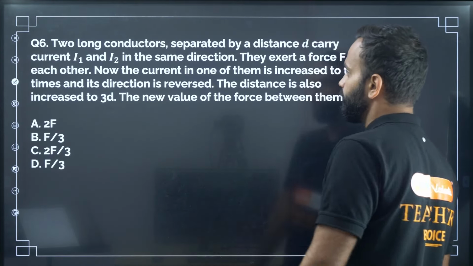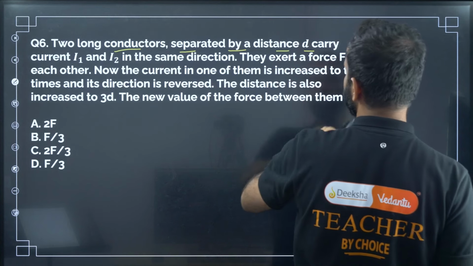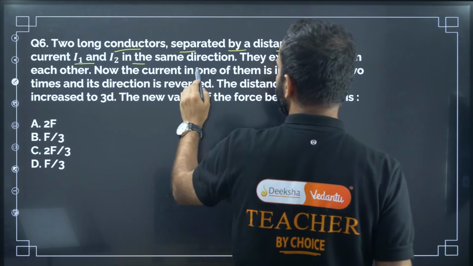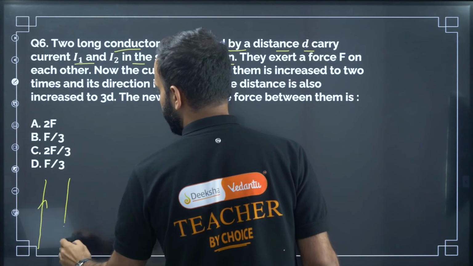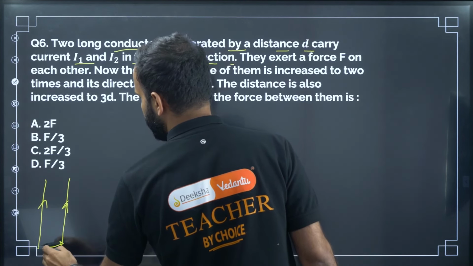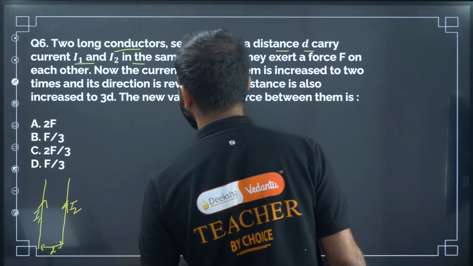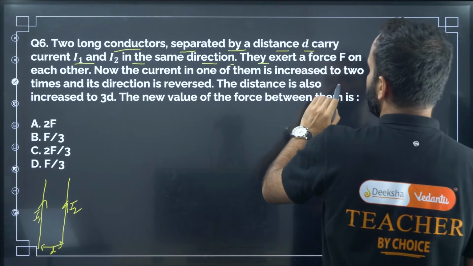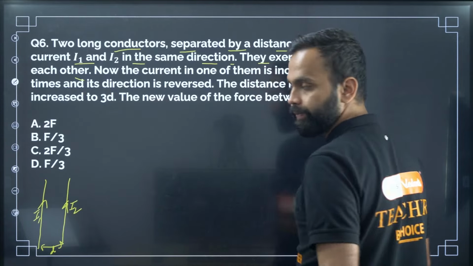Question number 6. Two long conductors separated by a distance d carry current I1 and I2 in the same direction. So they both carry a current in the same direction, I1 and I2. They exert a force F on each other.